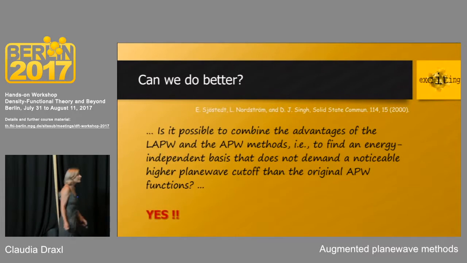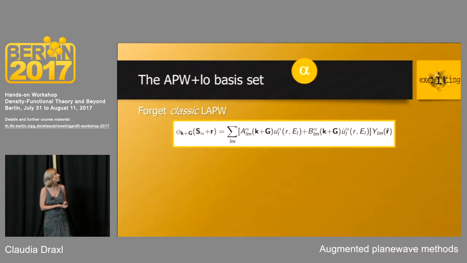And the answer is yes. And this yes means we can also use this concept of local orbitals in our original LAPW basis, or get rid of the original LAPW basis and use local orbitals here. So the essence is, forget about LAPW. So these are the LAPW basis functions.